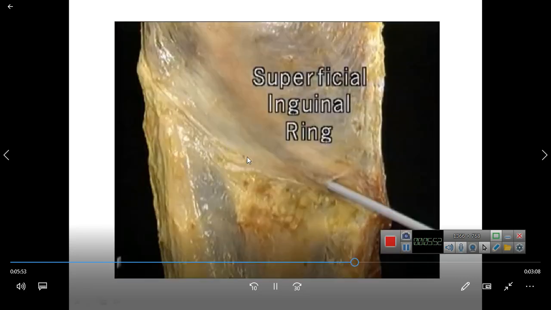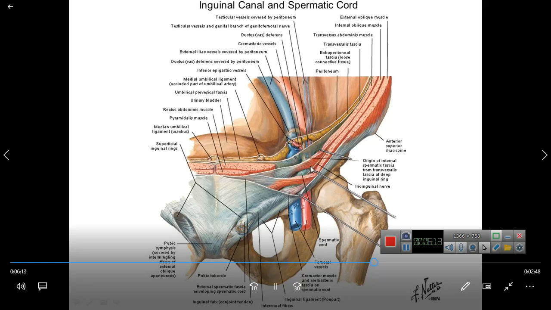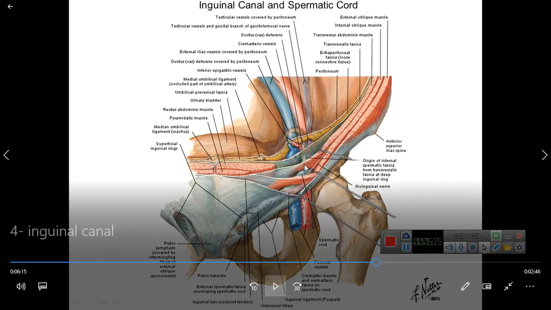You can see here the inguinal ring. You can see here the layers of the anterior abdominal wall. This is the peritoneum, parietal peritoneum. This is the fascia transversalis. Between these 2 layers is extraperitoneal connective tissue.